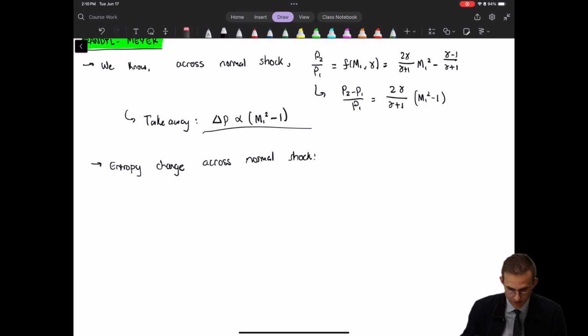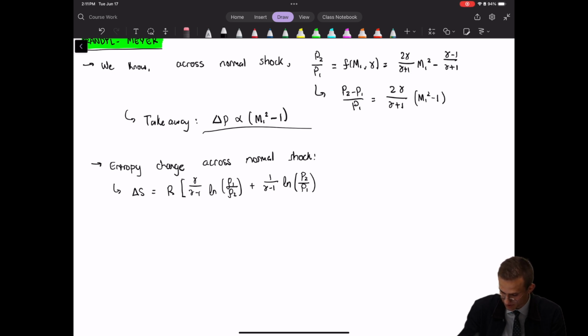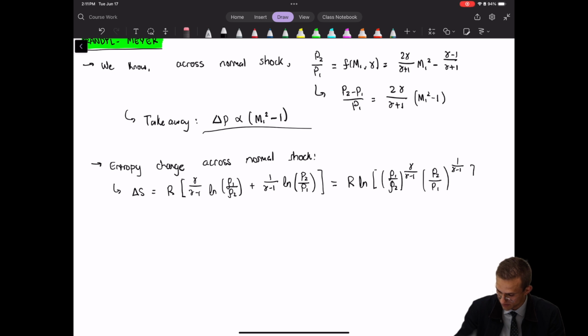So the entropy change of a perfect gas, delta S, is equal to R times gamma over gamma minus 1 times the natural log of the ratio of the density upstream and downstream of the shock, plus 1 over gamma minus 1 times the natural log of the ratio of the pressure downstream and upstream of the shock, which we can rewrite as R times the natural log of the quotient rho 1 over rho 2 raised to the power gamma over gamma minus 1, times P2 over P1 raised to the power 1 over gamma minus 1.